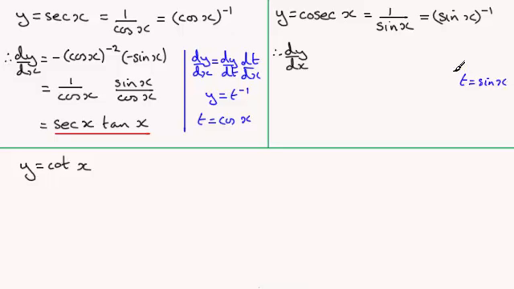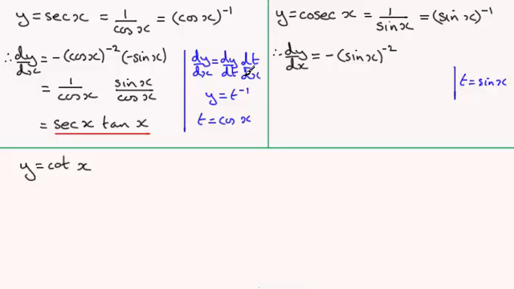So to find dy by dx, it's going to be dy by dt, y equals t to the power minus 1. So as before, that's going to be minus t to the power minus 2. But t is sine x, so it's going to be minus sine x all to the power minus 2.